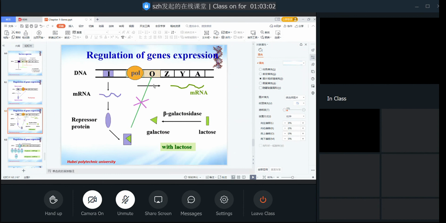At that time it can't bind with the operator sequence, and the downstream structural genes are transcribed.